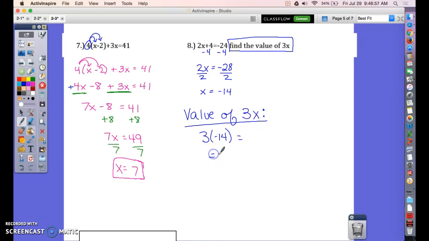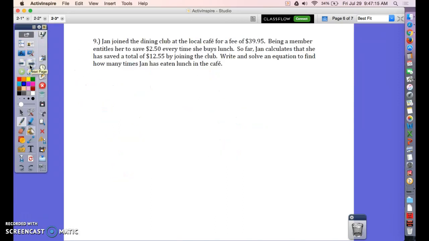Either way, your answer here is negative 42, not negative 14. Remember that negative 14 equals x, but I asked you to find the value of 3x. So it's asking you to do one more step. I went through that fast, but I want to get to this word problem again. Please remember that you can ask questions in school about anything you don't understand.